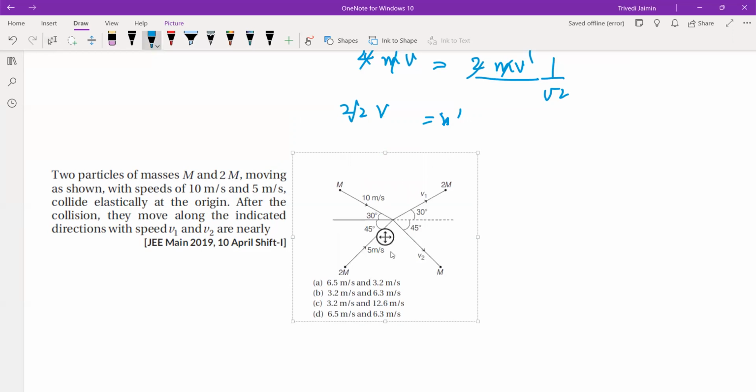There is V value. Okay, try this. Shall I give you a hint or you will do it? Same initial and final, compare.